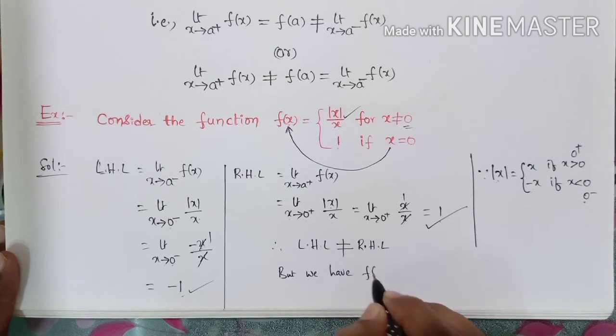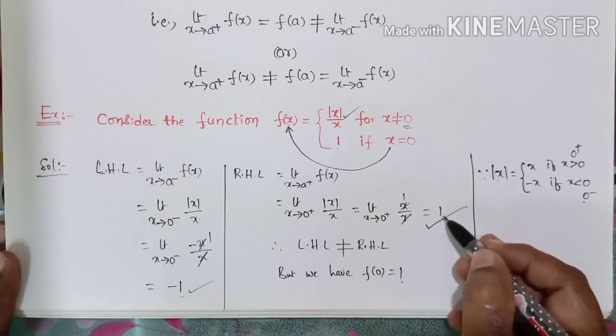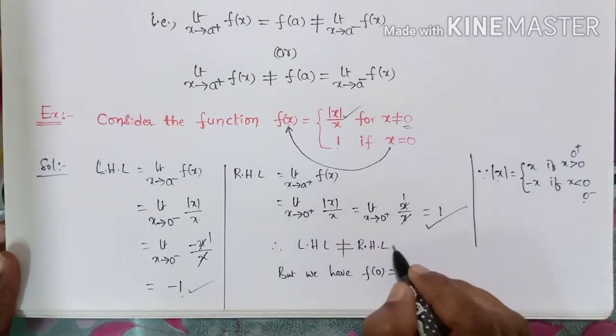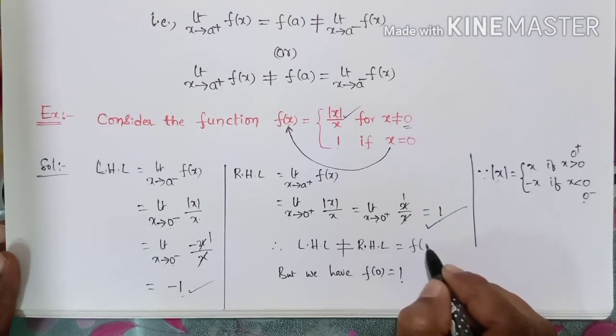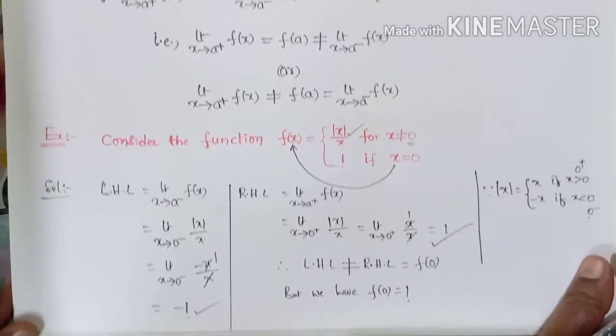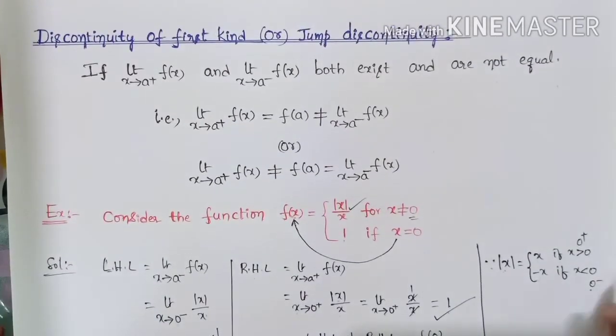f of 0 equal to 1. That means the right-handed limit, which is plus 1, is equal to f of 0. Now this is the discontinuity of first kind, or we say jump discontinuity.